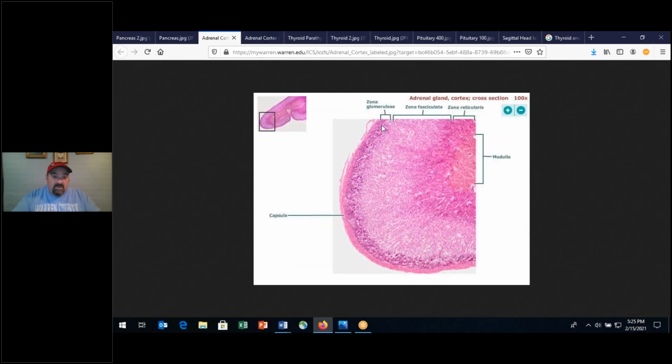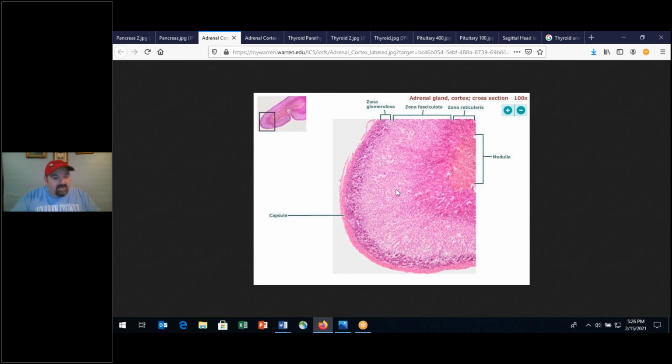Do you see that here? Here's the capsule. See that capsule? It's distinct. So the three zones: glomerulosa, fasciculata, reticularis, and here's the medullary region, and you can see the difference in the tissue. It looks a little different.